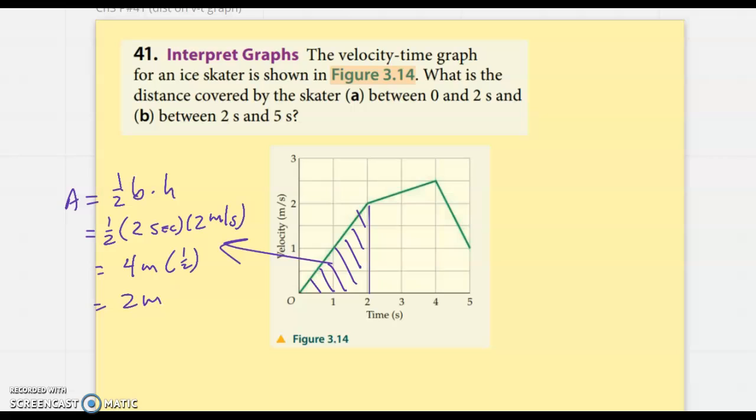They only wanted distance, so we'll go there. Had they wanted the displacement, it's positive displacement because it goes along with positive velocity, so that would have been positive 2 meters, but that wasn't what they asked for.